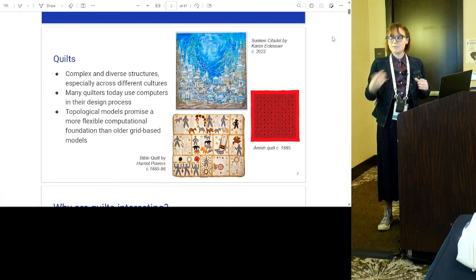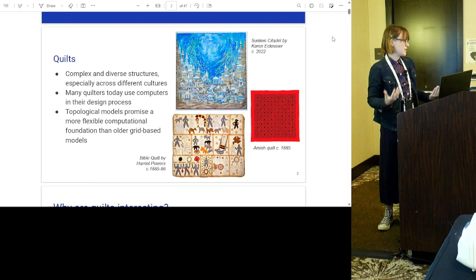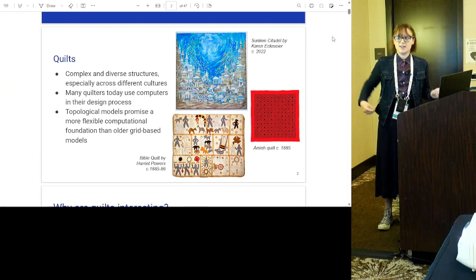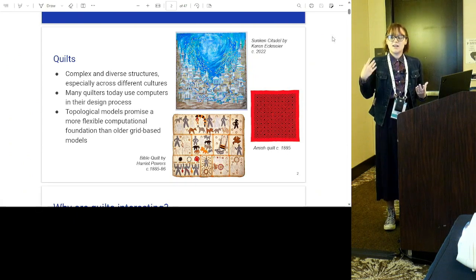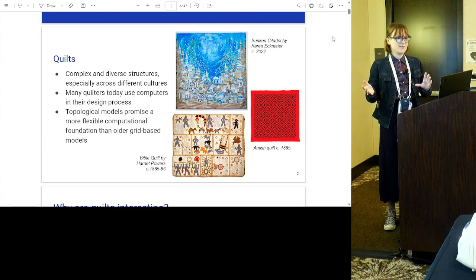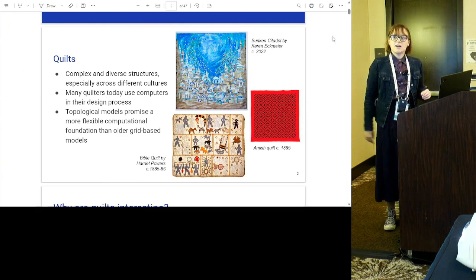We have an Amish quilt from 1885, which is a very geometric design that might be more similar to what you associate with what a quilt looks like. And then we also have another quilt from 1885 by Harriet Powers called the Bible quilt, which is still a patch-based design, but has a very different look and structure than the Amish quilt.